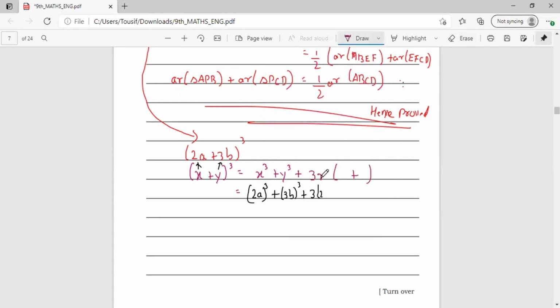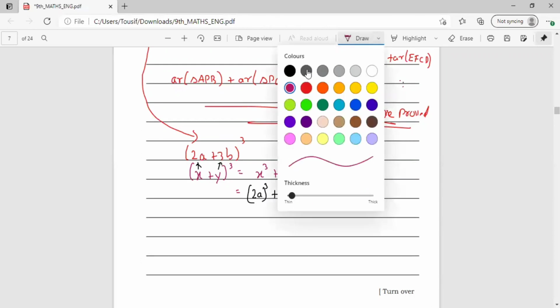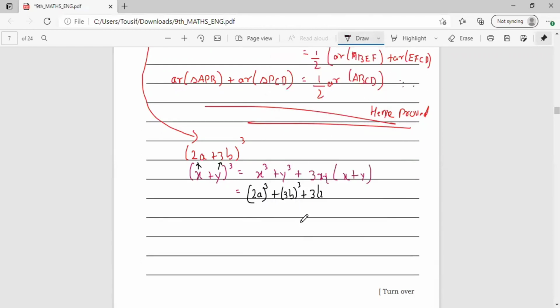It is 3xy of x plus y. So the x value is 2a and the y value is 3b. Close the bracket.